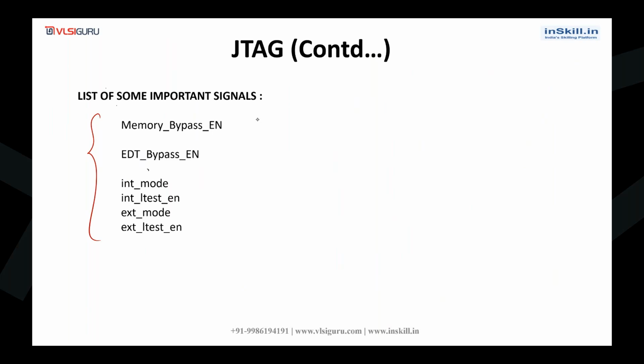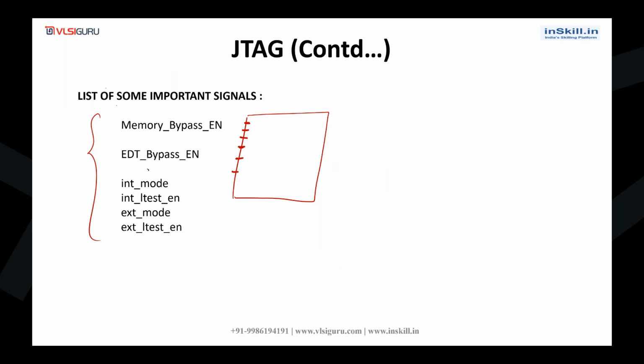Now, if all these signals are to be controlled from the top level, which means you are allocating a top level port for each and every signal, then the number of ports from the top level will increase drastically.